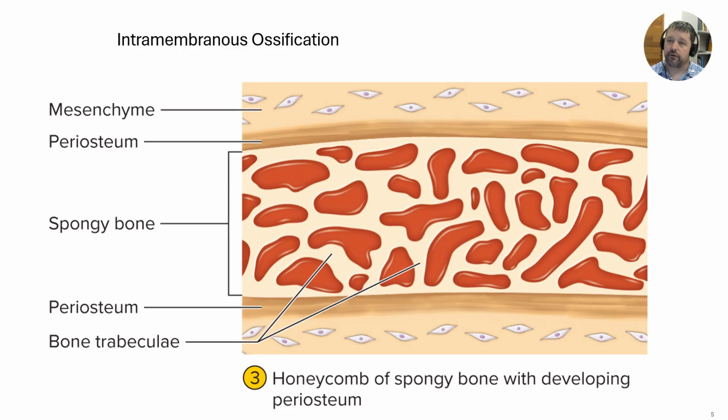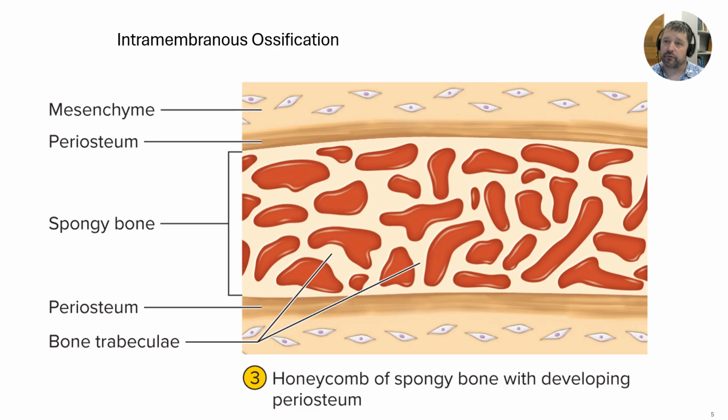You're going to get the trabeculae and spicules that make spongy bone in this region. There's going to be lots of open space, with blood vessels and nerves running through, but it's encased with a periosteum.